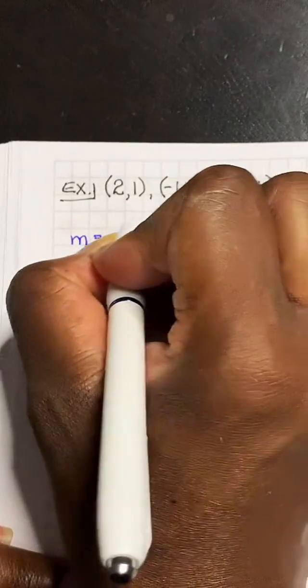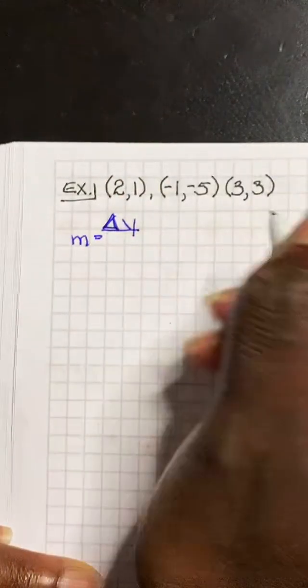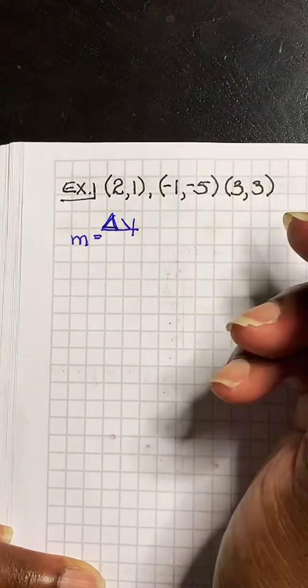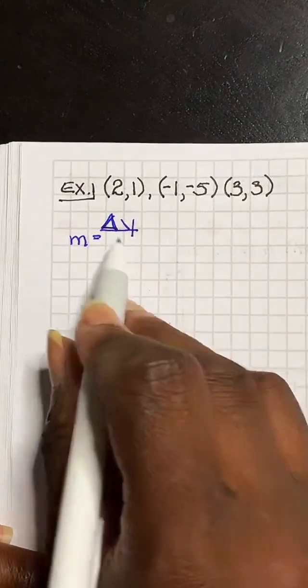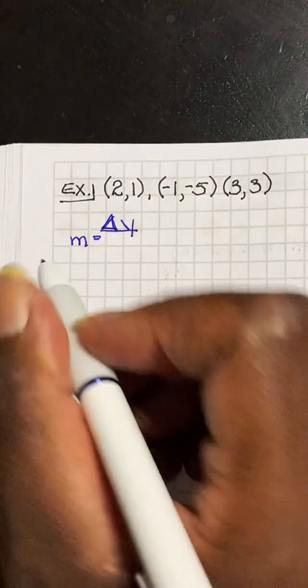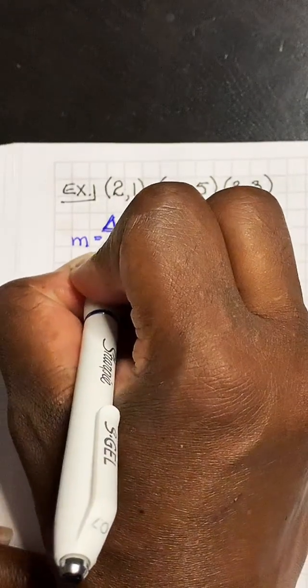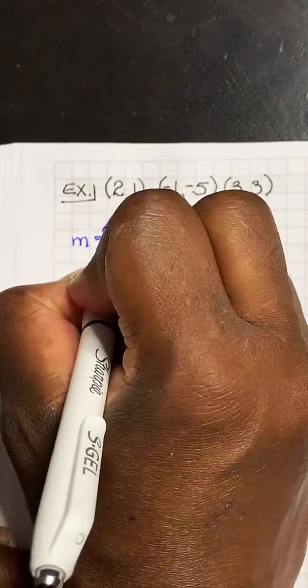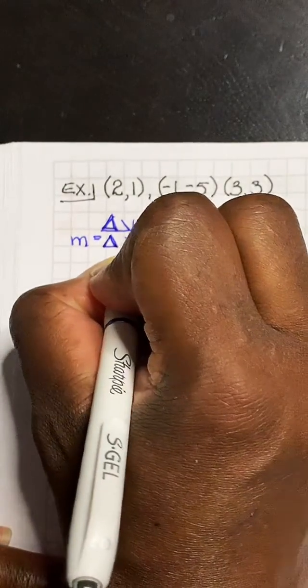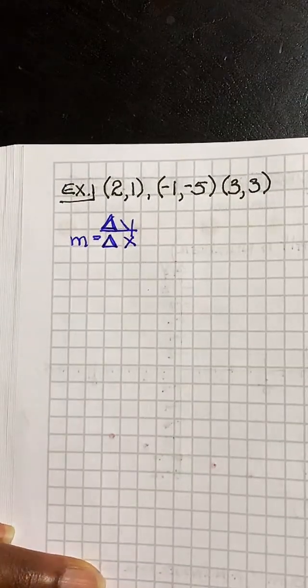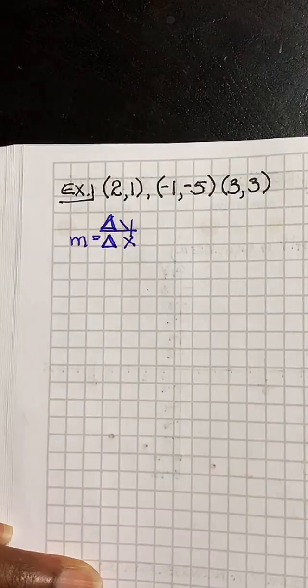And the slope, depending on what you want to do, I'm going to say the difference of y's. Because it all depends if you want to do y2 minus y1 or y1 minus y2. No matter what, you're going to take the difference, okay? The difference of your y's over the difference of your x's. You can only do 2 points at a time.